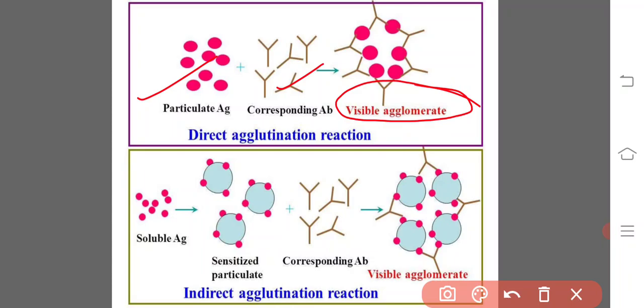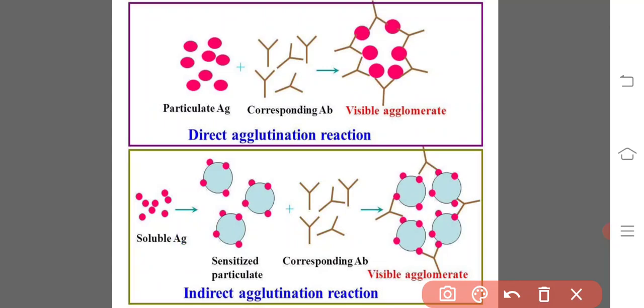When the agglutination reaction takes place between antibodies and soluble antigens, and the antibodies have been attached to an insoluble particle, the reaction is called indirect agglutination or passive agglutination.